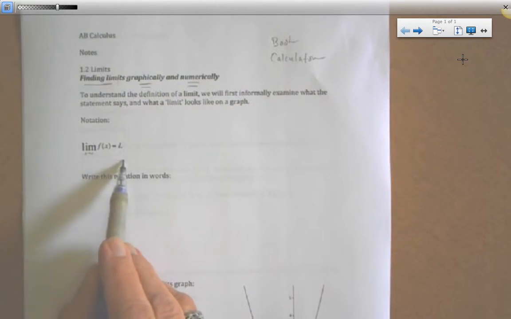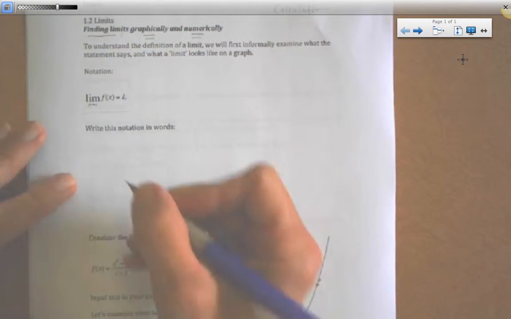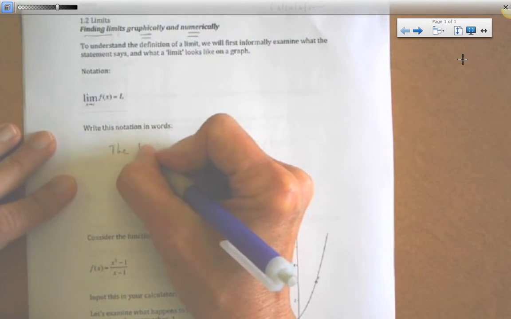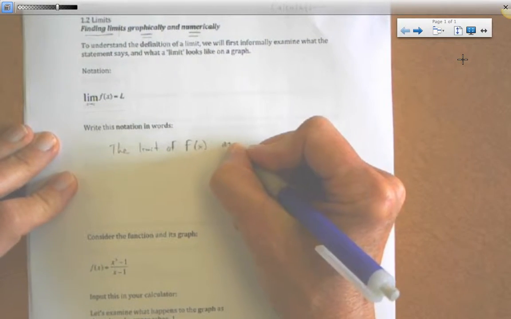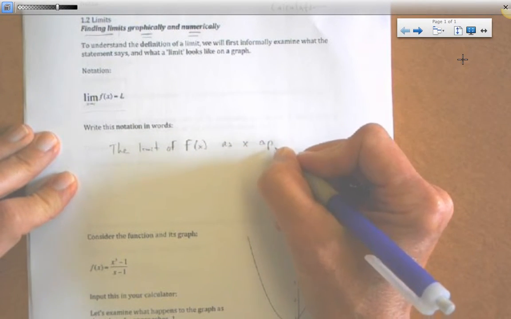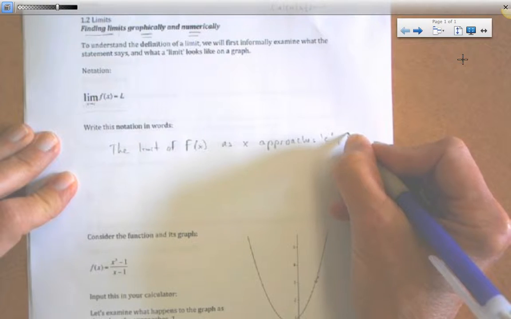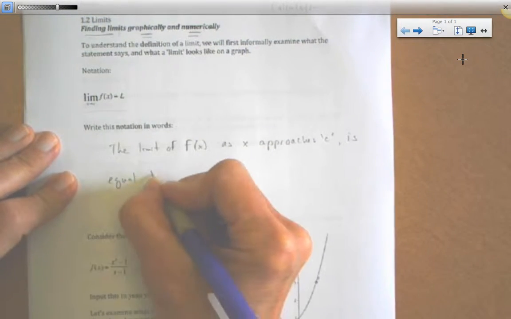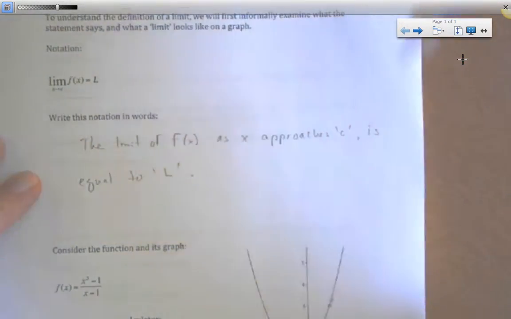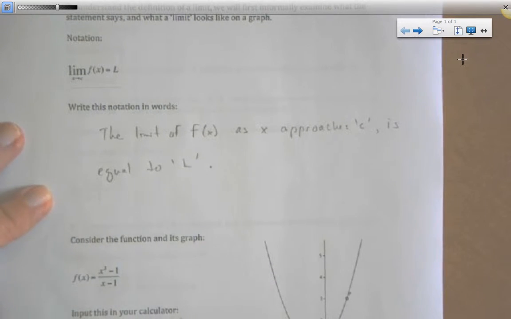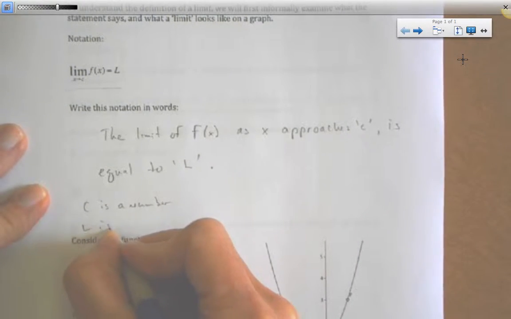Here's the notation for a limit. And we're going to write this out in words. So it means the limit of f of x as x approaches c is equal to L. Now, notice that c is a number, L is a number.